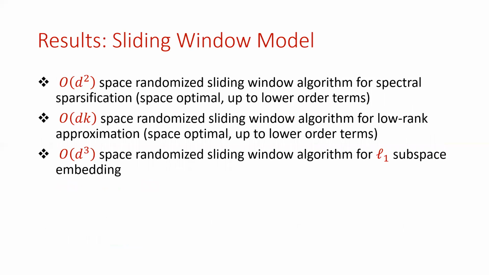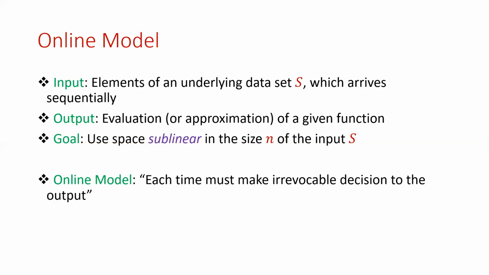In summary, this template allows us to get algorithms for spectral sparsification, low-rank approximation, and L1 subspace embeddings in the sliding window model. This approach also gives us many key results and properties in the online model. In the online model, we again have an underlying dataset S that arrives sequentially, and the goal is again to evaluate or approximate some predetermined given function.